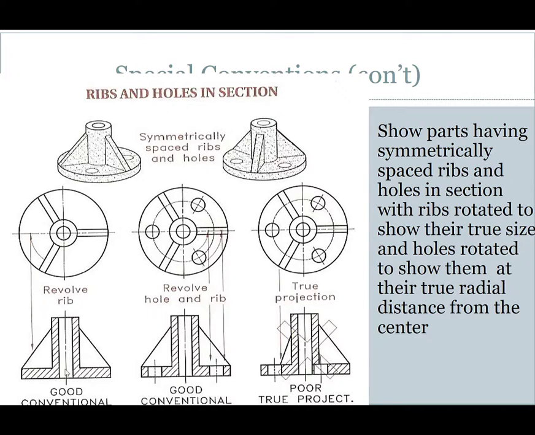So the first one and the second one, both of them are the correct section view as a conventional practice. The only difference are the holes on the circular base, which are presented as the visible lines in the section view.